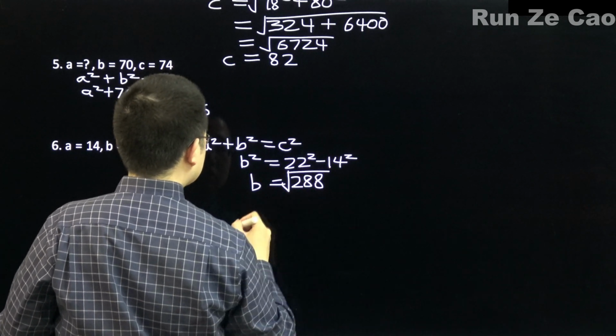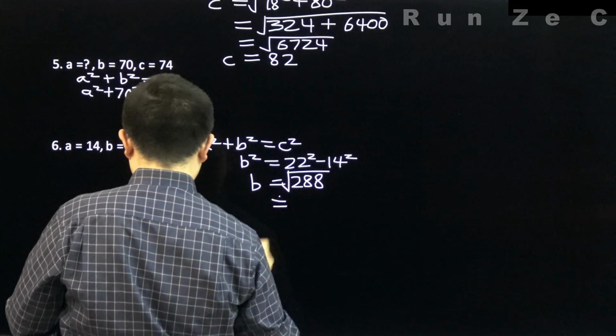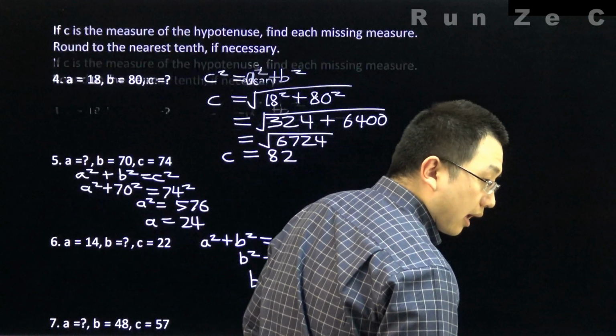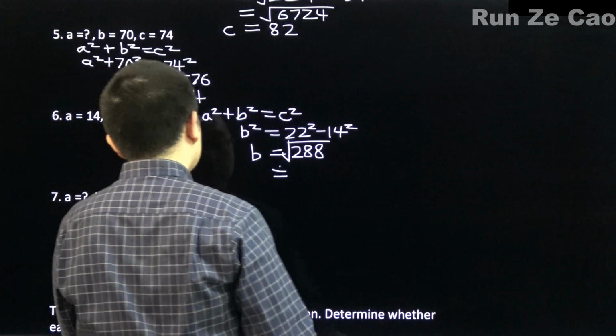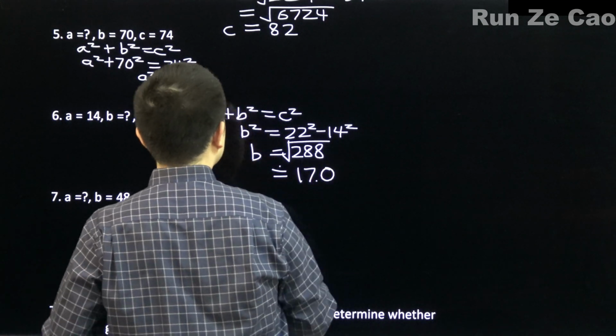Well, B is equal to the square root of 288. Rounded to the nearest tenth, that means we end up with approximately 17.0.